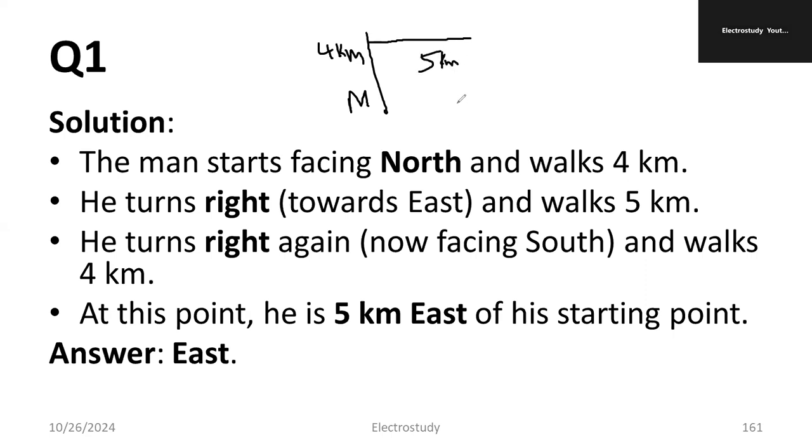Then he turns right again, facing south. 4 kilometers. So we can say that at this point, he is 5 kilometers east from the starting point. So this is the way to answer it in a proper fashion.